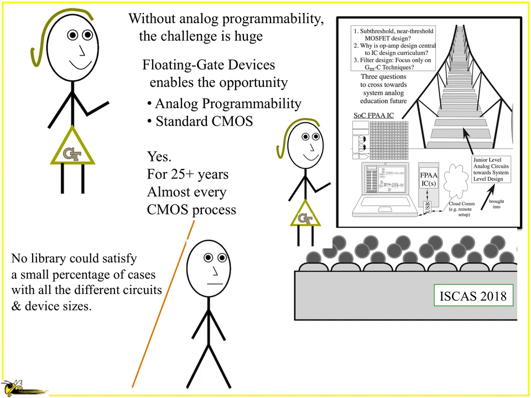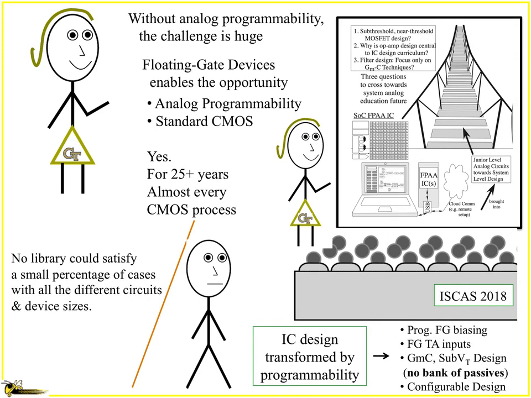These become the core things that allow you to move across the bridge to a new direction, all enabled by configurable techniques. So what you talk about is integrated circuit design transformed by programmability. This really allows you to use the floating gates for biasing, for setting linearity, and for all of the other filter structures without needing banks of passives in a configurable structure.